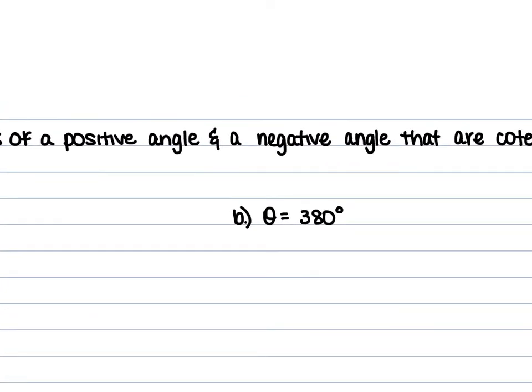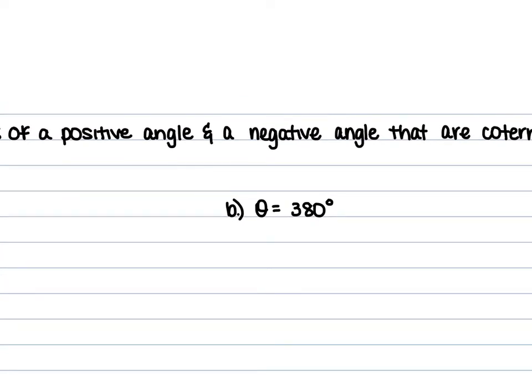If we look at B, we're given 380 degrees. So if we take the 380 degrees, for this one, we're actually going to subtract 360 first because we know that 380 is larger than 360, and that's going to give us a positive angle. So we're going to subtract 360 from this to give ourselves 20 degrees. So that's one.